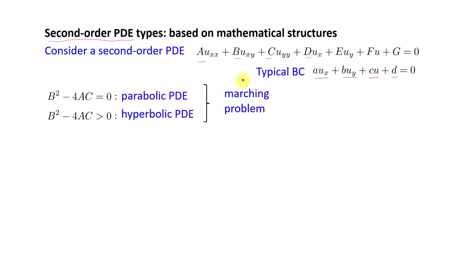This type of equation has one more classification. If this b square minus 4ac equals 0, then we call these parabolic. And if they are greater than 0, they become hyperbolic. And these types of problems are generally both marching problems. In engineering application, we have parabolic problems, for instance, in heat conduction.